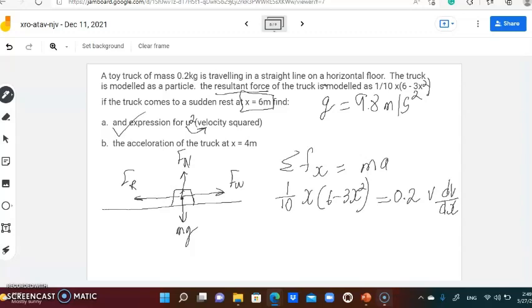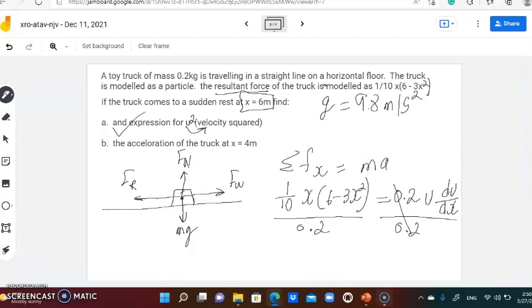Now, the question says we're expressing velocity squared as u. So we're going to quickly change v here, and in accordance with the question, we're going to use u du dx. I can divide both sides by 0.2. Let's do that.